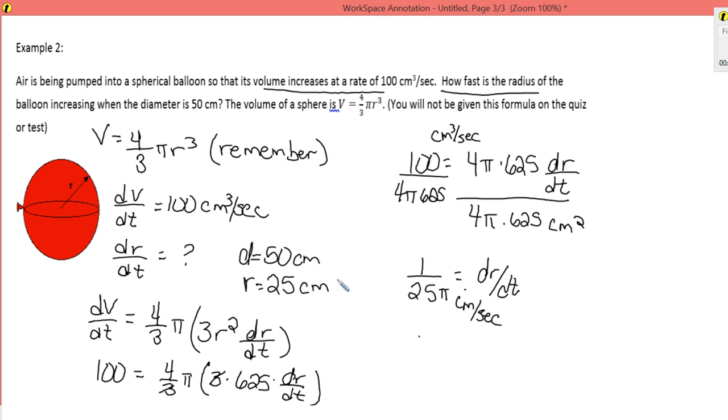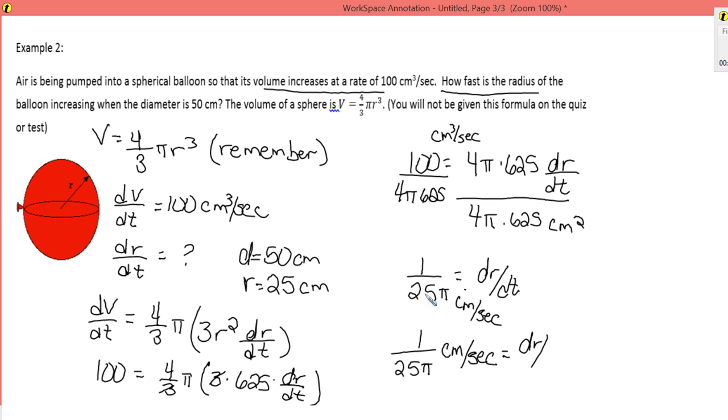So my answer is 1 over 25 pi. I'm sorry, that pi is in the denominator. Let's do that again. So 1 over 25 pi centimeters per second. And that is dr/dt.